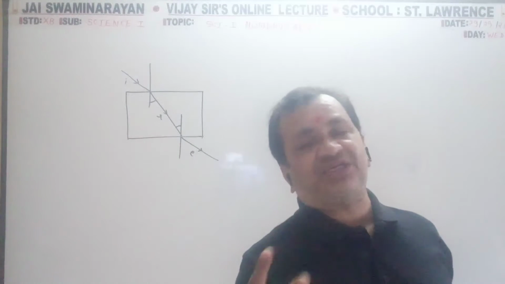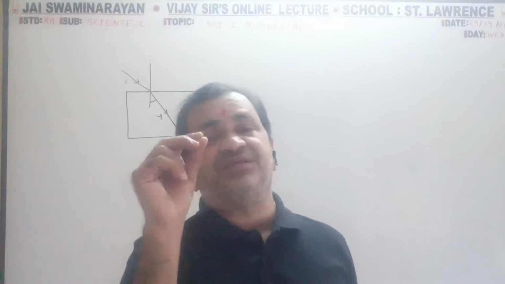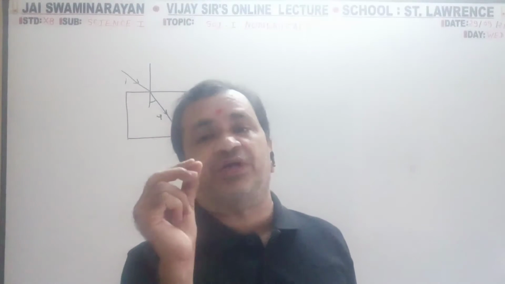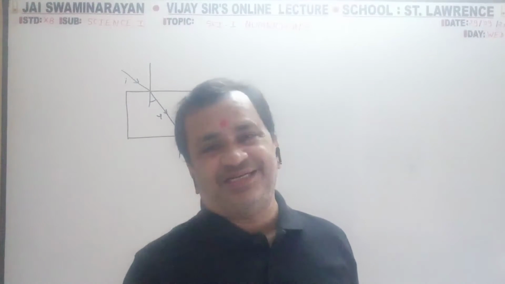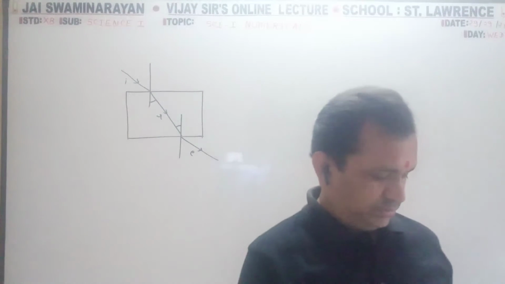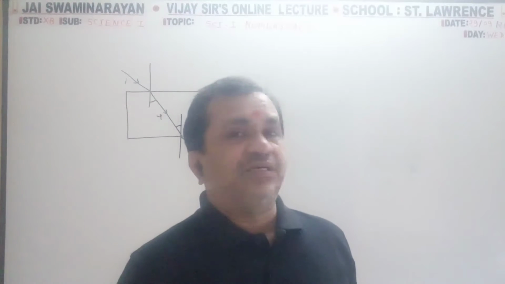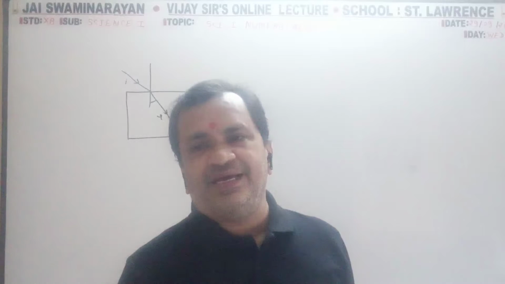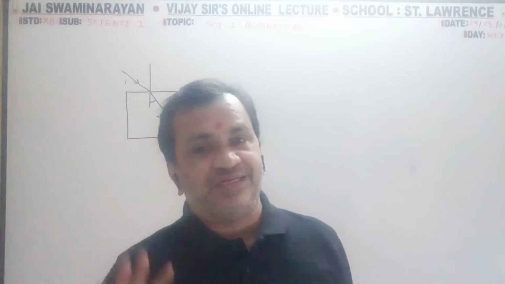Second, reflection: that will pass from the triangular prism, the bubble of water vapor. That is why it is reflection also. Dispersion: white ray splits up into 7 constituent colors. That is why it is dispersion.